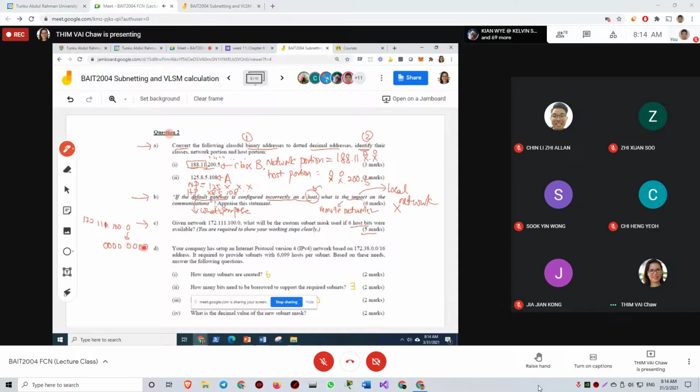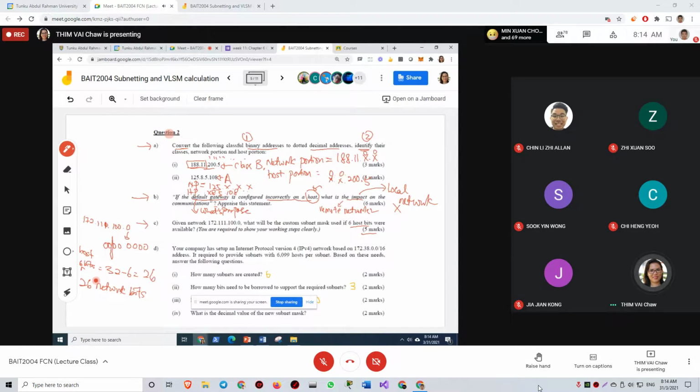So 6 bits, 1, 2, 3, 4, 5, 6 host bits. So in this case, if you have 6 host bits, it means that you can use 32 minus 6, which is equivalent to 26. Sorry, not 29, but 26. So you have 26 network bits.